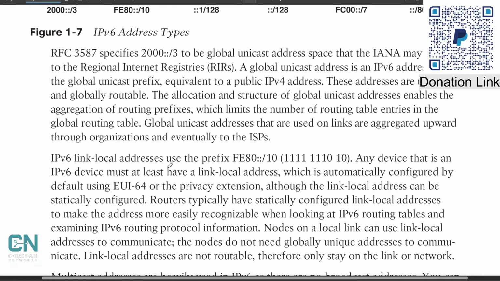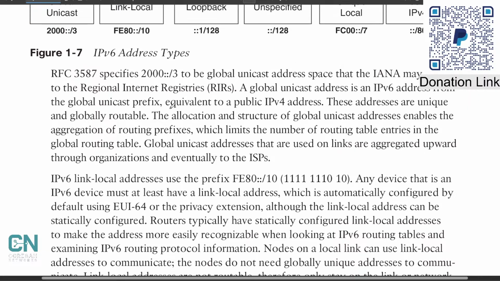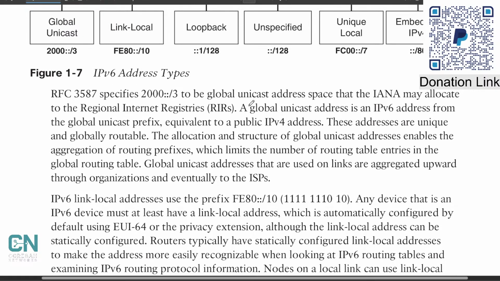RFC 3587 specified 2000::/3 to build the global unicast address space that the IANA may allocate to regional internet registries, RIRs. A global unicast address is an IP address from the global unicast prefix, equivalent to the public IP version 4 address.